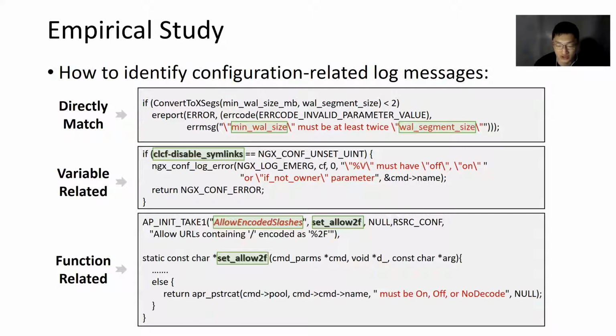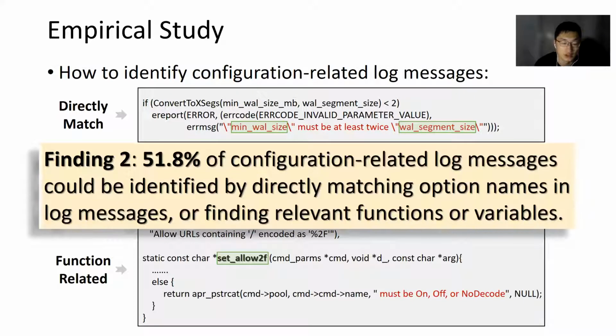The log message is influenced by variables or functions related to this configuration option. In total, we could identify 51.8% of configuration-related log messages by directly matching option names in log messages or by finding relevant variables or functions.